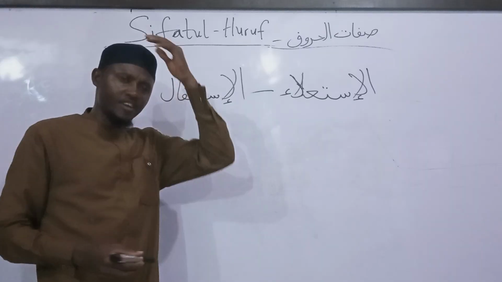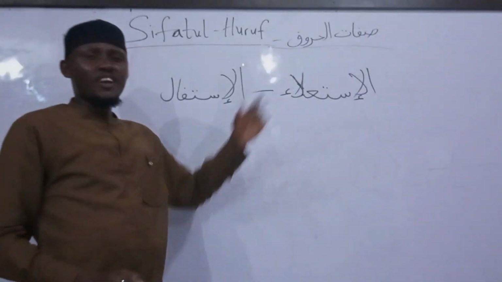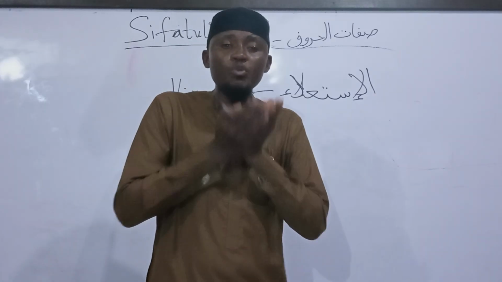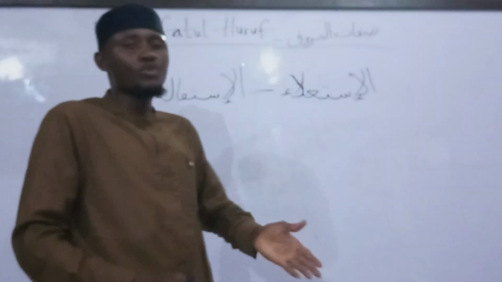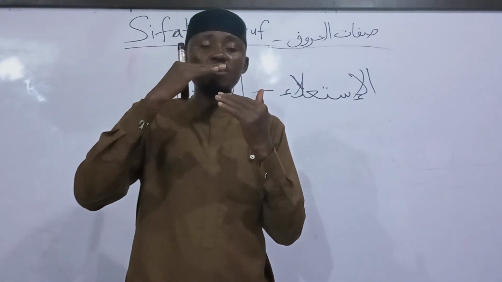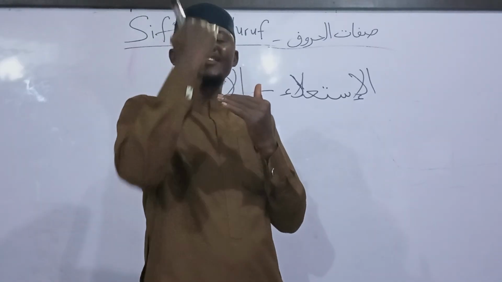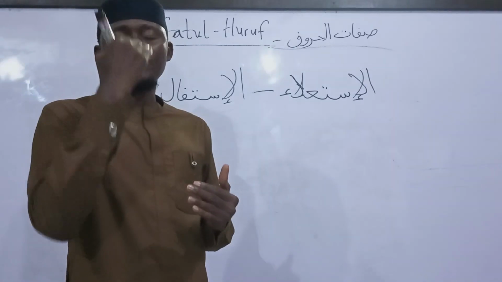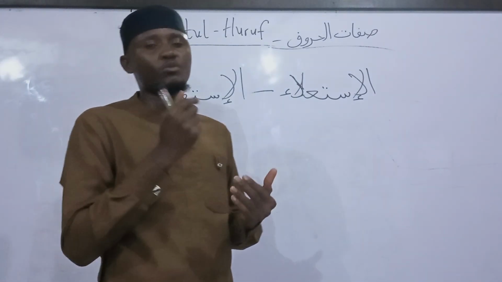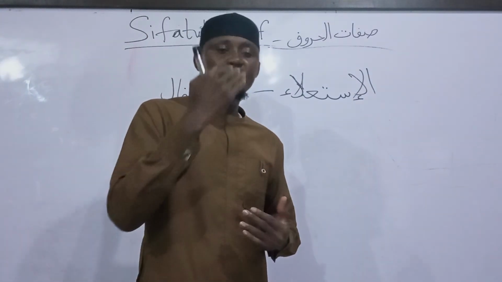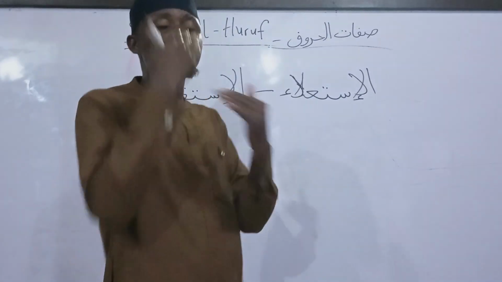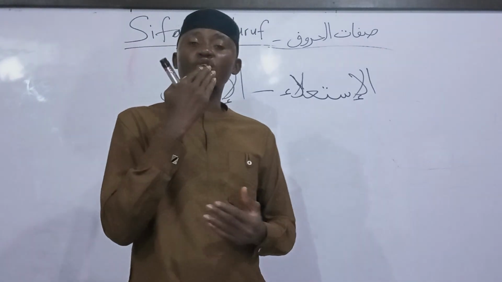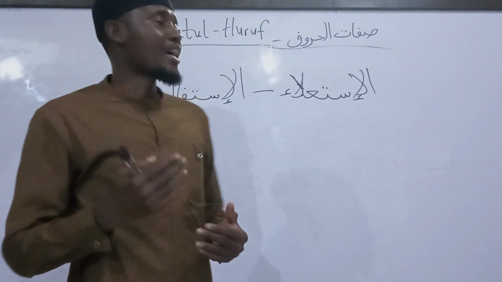Now, al-isti'la, like we said, is the attribute that makes a letter, when we pronounce it, have the end of the tongue raised to the top to touch the upper palate of the mouth. Yes, it's raised. That's why the meaning of al-isti'la is elevation. So you elevate the end of the tongue up to the upper palate when we pronounce them.